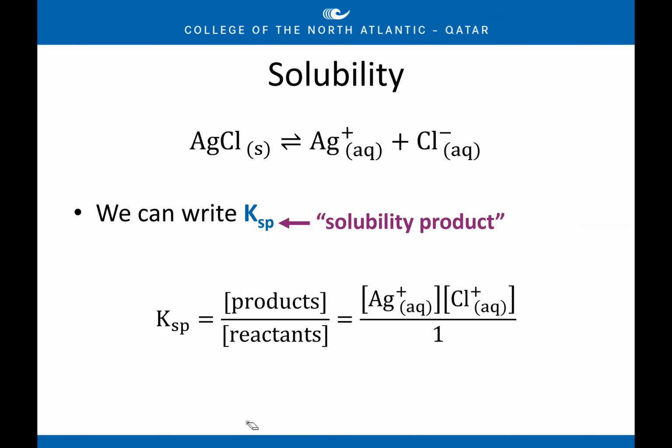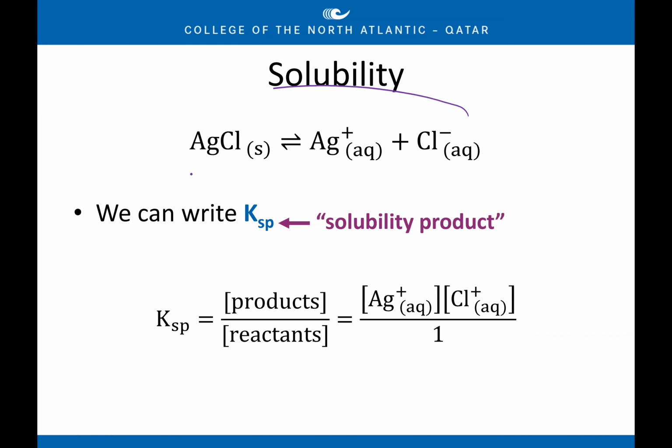Ksp represents the equilibrium for the solubility of a chemical, and the sp in particular means the solubility product. So in simple English, Ksp represents how soluble a chemical is.